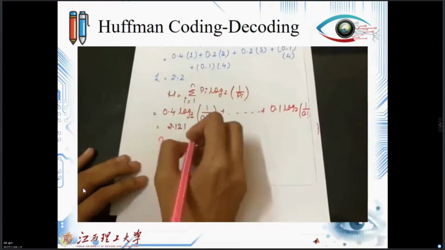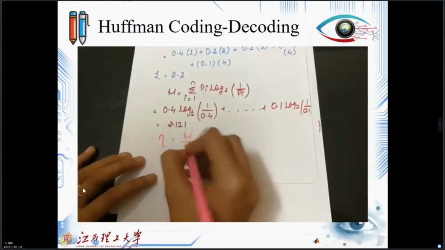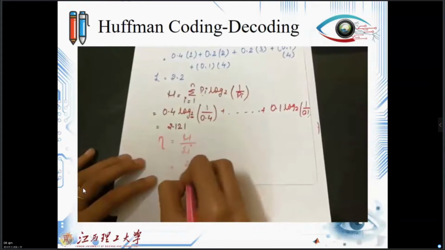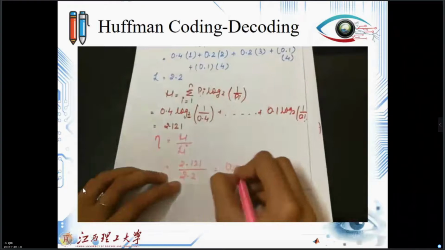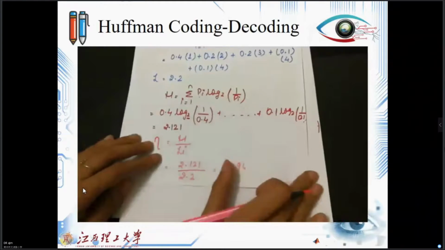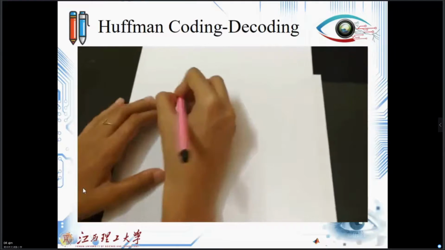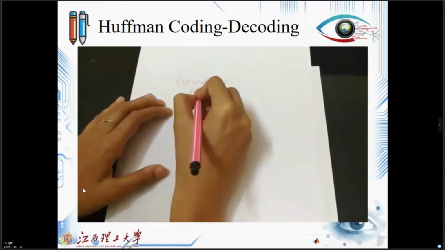The next parameter is eta, which comes from H divided by L. We have the value for L and the value for H, so we can calculate it simply like that: 0.96. Next is the redundancy, which we call gamma.